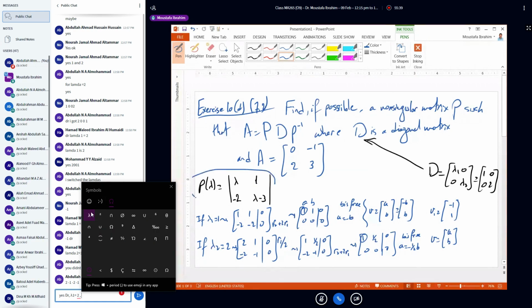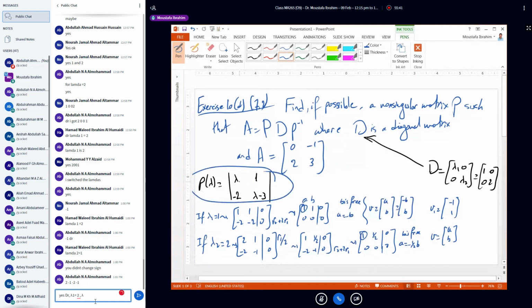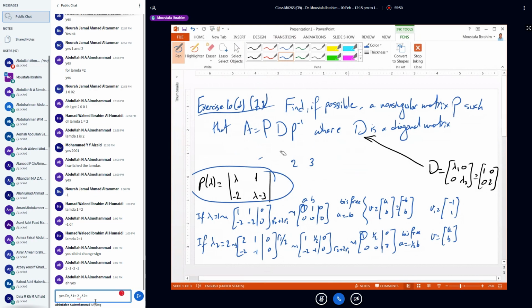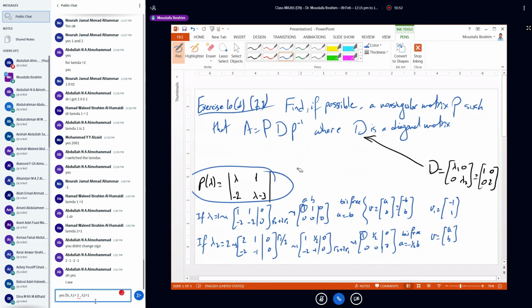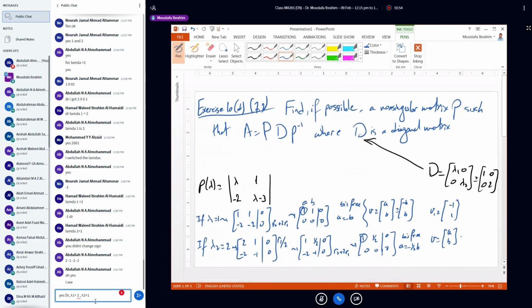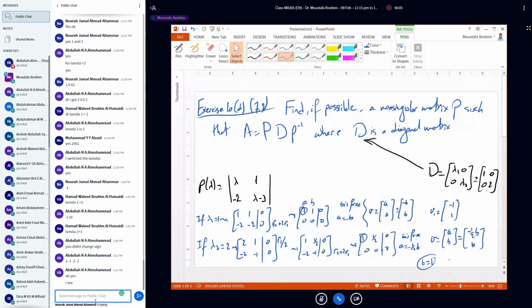No, here. You have to substitute here, but instead of lambda, put 2. Not this one. Here, forget this one. Yes. So here (A, B) is (minus half B, B). Let's take B equal to 2. So V2 will be (-1, 2).